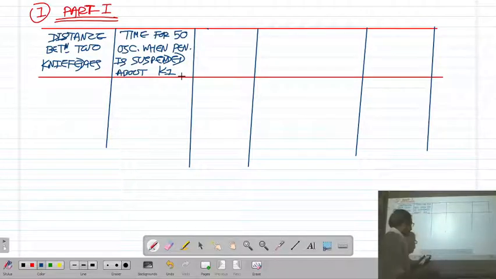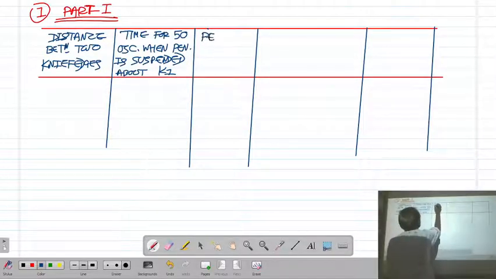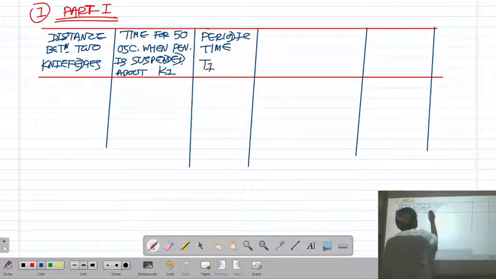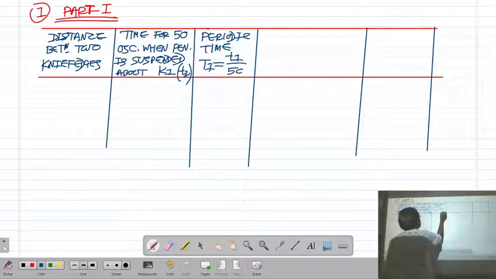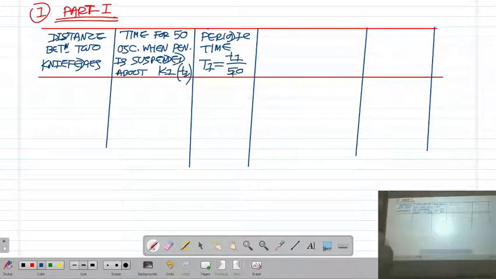Third is the periodic time, capital T1, which is equal to small p1 upon 50. Periodic time above knife edge K1 is called T1.